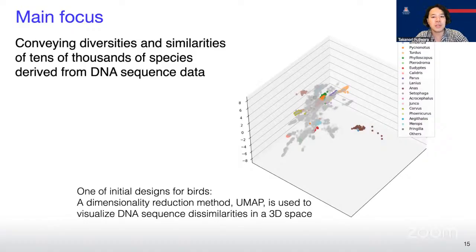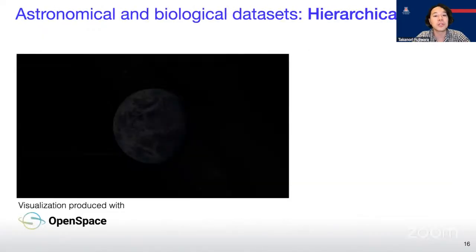But eventually, we noticed that we can utilize semantic similarities of astronomical objects and biological elements as one way to facilitate understanding of the abstract biological data. What I mean is, both astronomical and biological data sets share a hierarchical nature. So here I want to show this video to convey this idea.